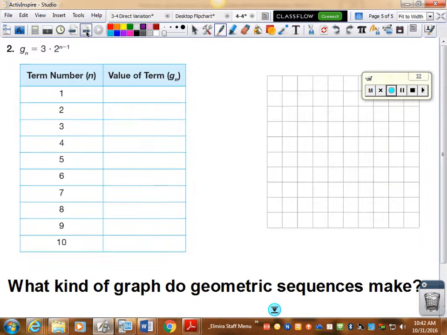An actual homework problem. Okay, term number. Remember, in an explicit formula, 3 would be my first term. So I'm going to put a 3 here. Then the explicit formula is telling me that each time I'm going to multiply by 2.